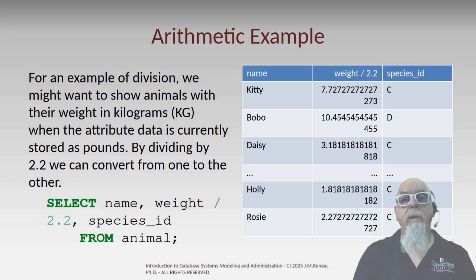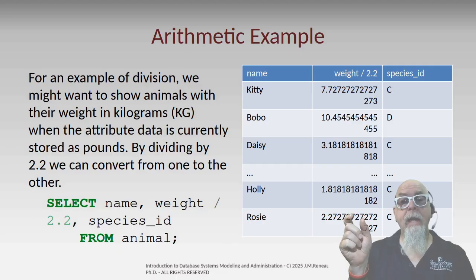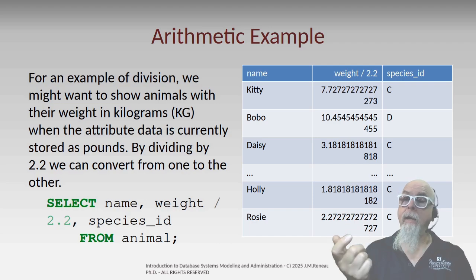Here is an example of using arithmetic statements with our pet database from our sample database in the book. Here in the book we have a column that contains the animal's weight in pounds, but we would like the animal's weight in kilograms.